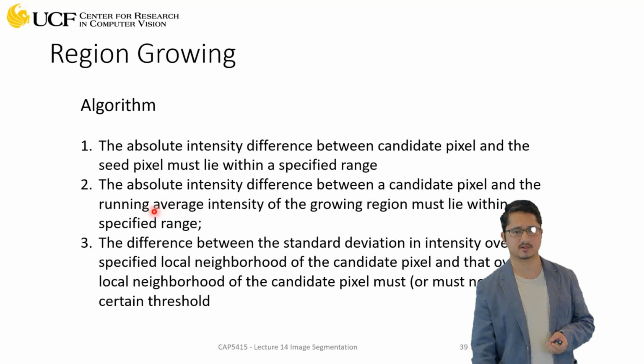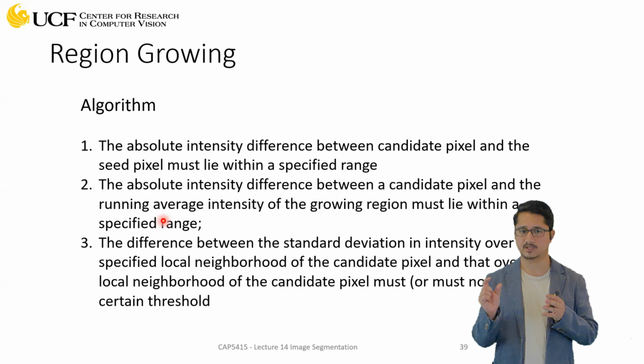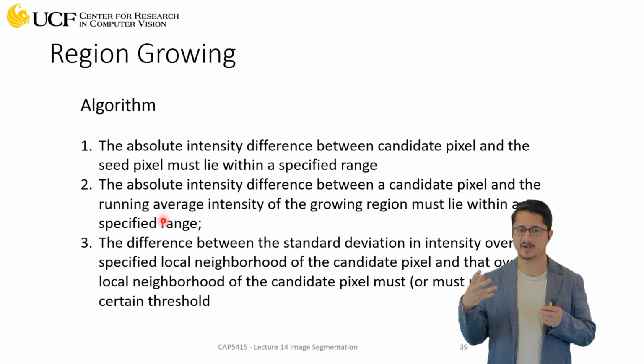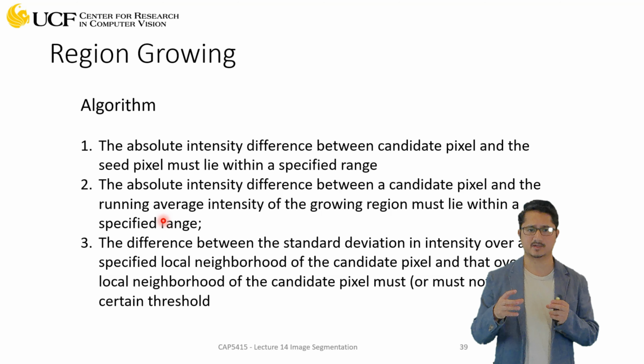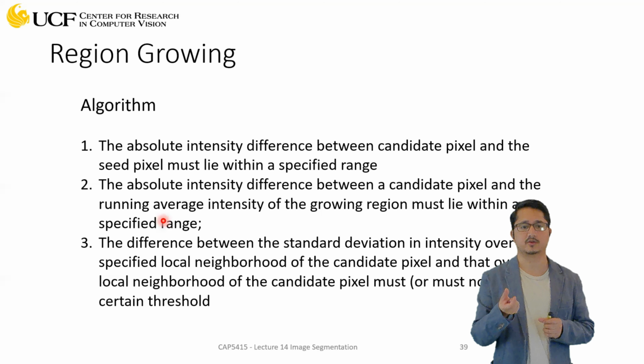If you have accumulated 10 different pixels and all of them were within some range, we don't want to keep adding pixels with that variation. So we keep a running average, which says this segment has a mean intensity of this value.